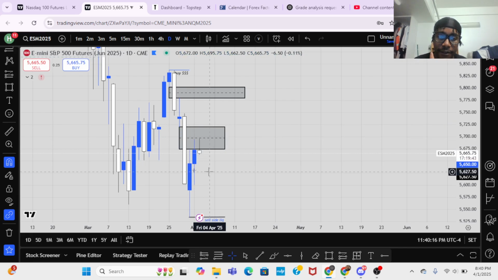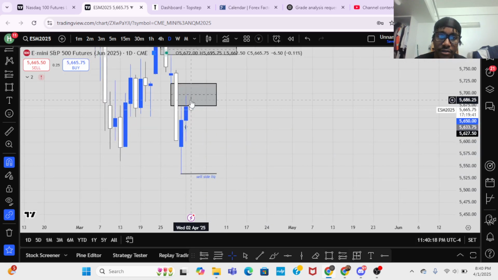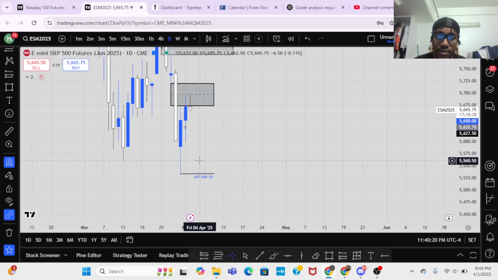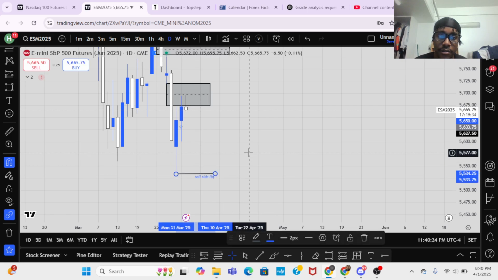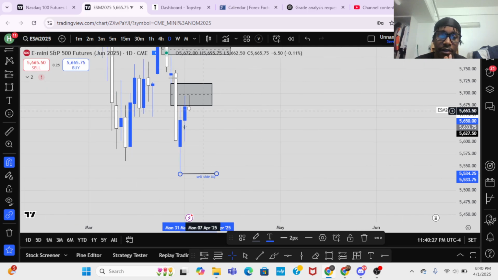If not, if we reject off of this, then my draw will be down here to this lower level. So that will be my daily draw, you know what I'm saying?